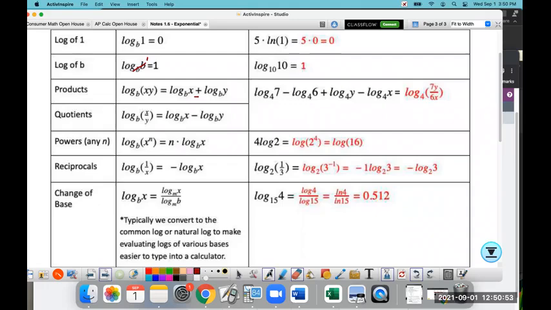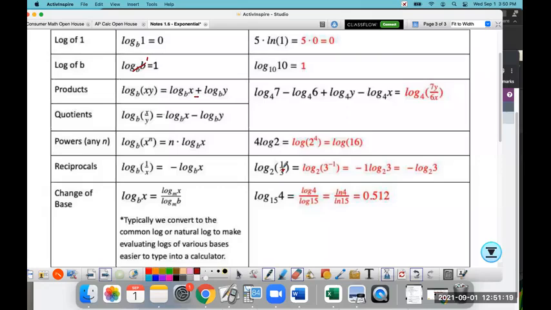Reciprocals. I'm going to show you the example first and talk about why this works. So over here, I have log base 2 of 1/3. If I want to put that 3 in the numerator, I can make that a 3 to the -1, because right now it has a +1 as a power. If I put it in the numerator, that'll make it a -1.